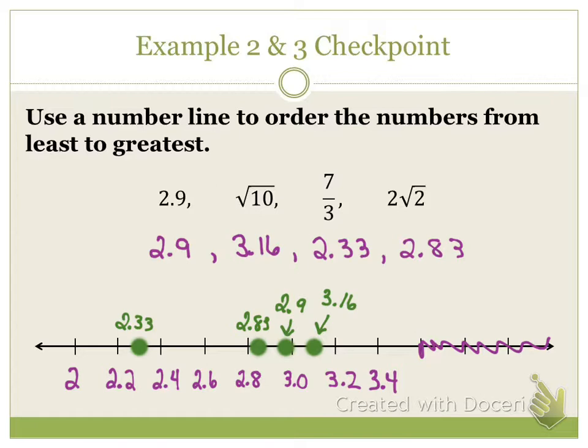Okay, 7/3. Where am I going to write my answer? All right, I'm going to write it right here. 7/3, then what? 2 square root of 2, then what? 2.9, then square root of 10.